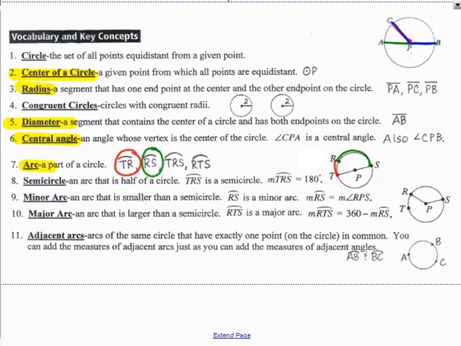Arc TRS. Sometimes you will have three letters like that. That means starting at T, going in the direction of R to S. So start at T, go in the direction of R, and go all the way to S. Arc RTS, that will be a different one.